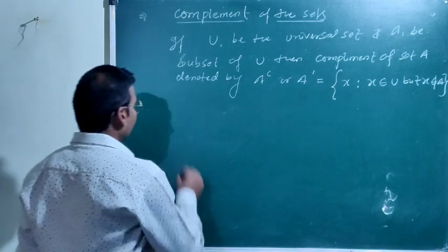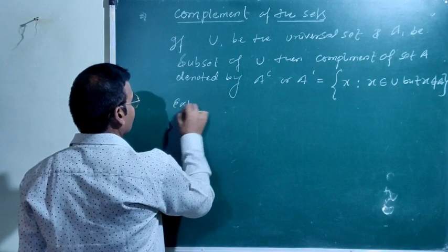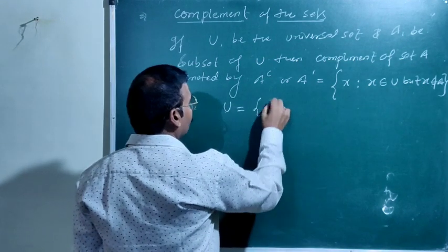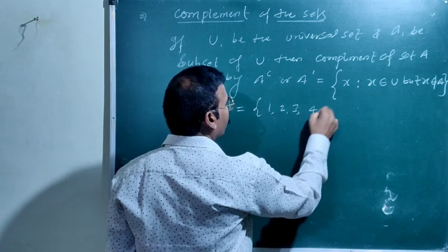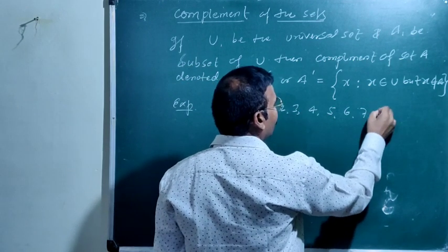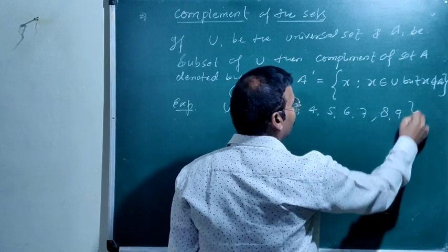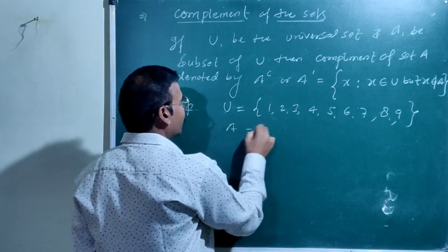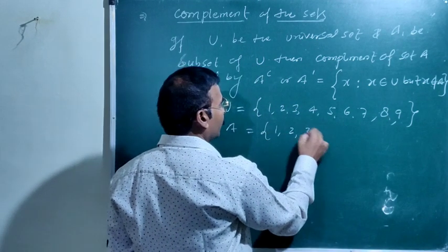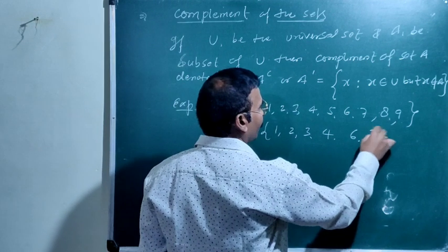For example, if U equals 1, 2, 3, 4, 5, 6, 7, 8, 9, and A equals 1, 2, 3, 4, 6, 7.